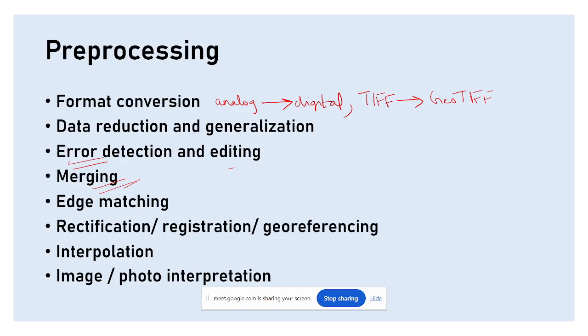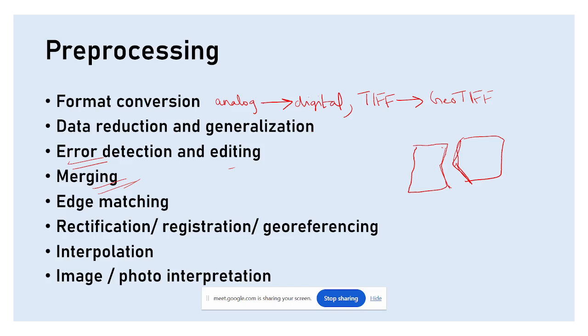For instance, if you have a topo sheet like this, and then another one like this, you're basically trying to match these edges. If you have two edges in topo sheet data, then sometimes because of projection problems, like when we do georeferencing or use different projection methods, the result might not come out as accurately as desired.